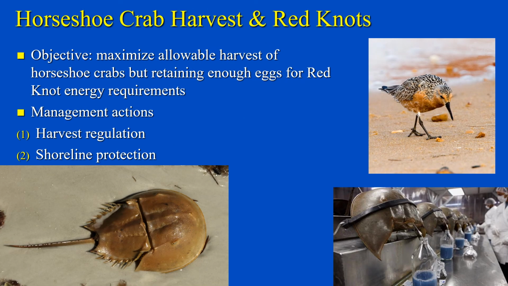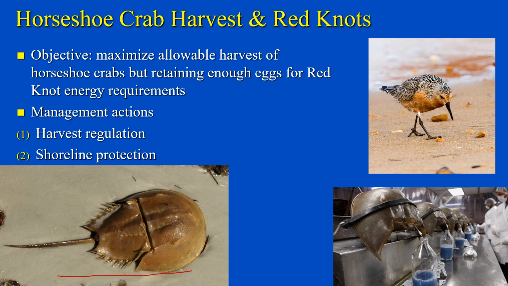Another example that folks who are from the East Coast might be aware of, but those who aren't maybe don't, is the impact of horseshoe crab harvest on red knots. Horseshoe crabs are these really primitive animals. They're like 450 million years old or something.